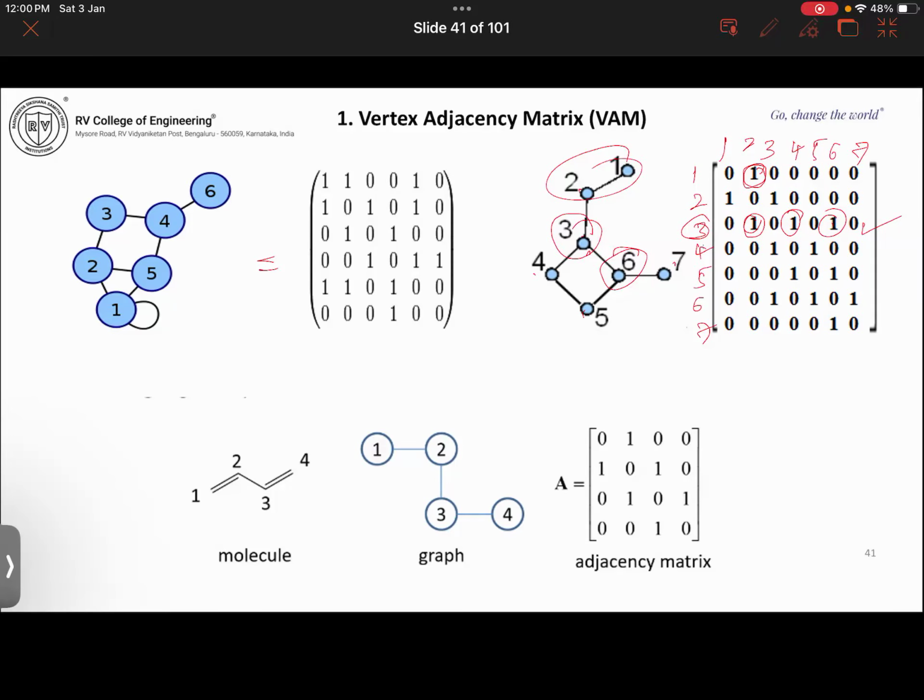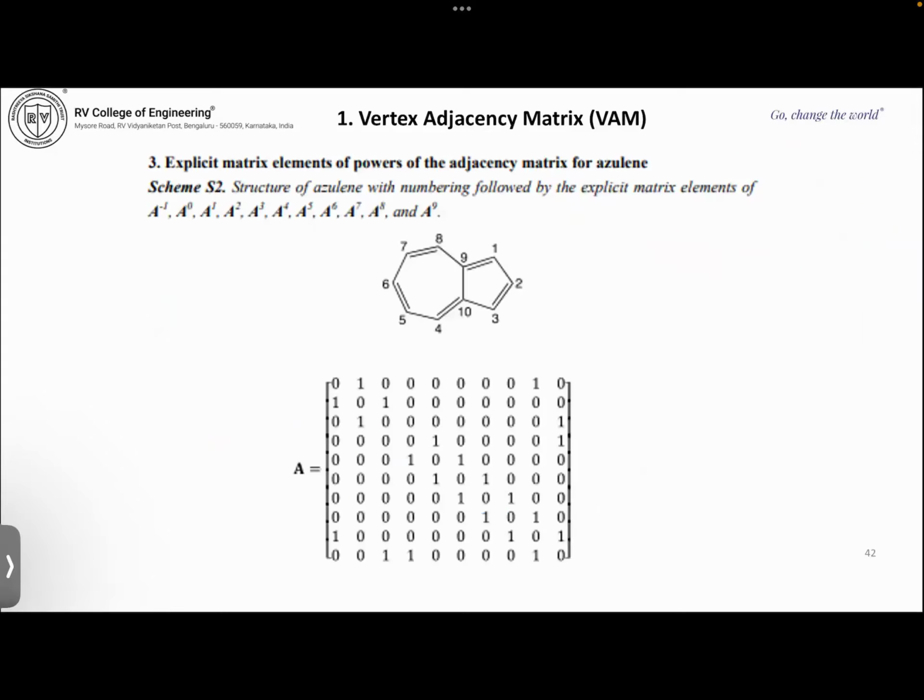Similarly, this is 1,3-butadiene. This is the molecular structure, and this is the graph, and this is the vertex adjacency matrix representation. Similarly, you can work out for azulene. Azulene is having 10 vertices, therefore it is called a 10 cross 10 matrix.